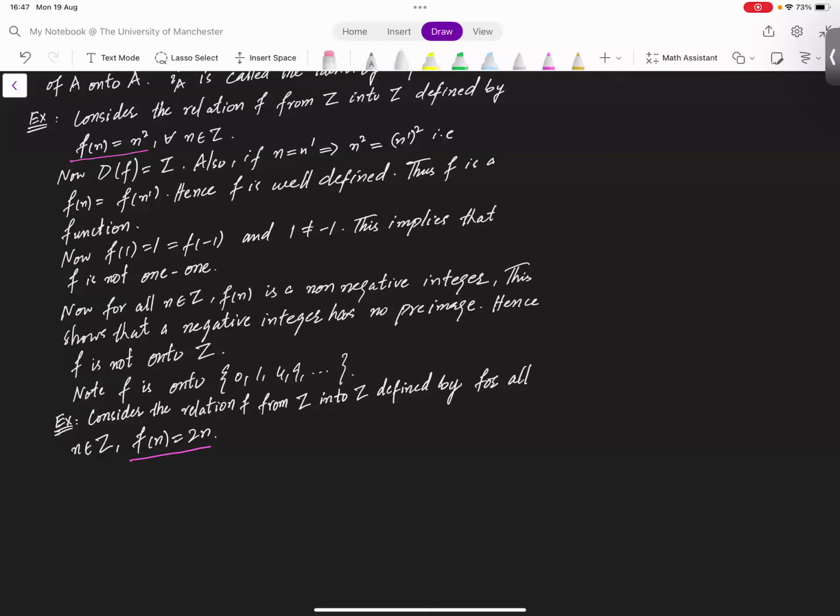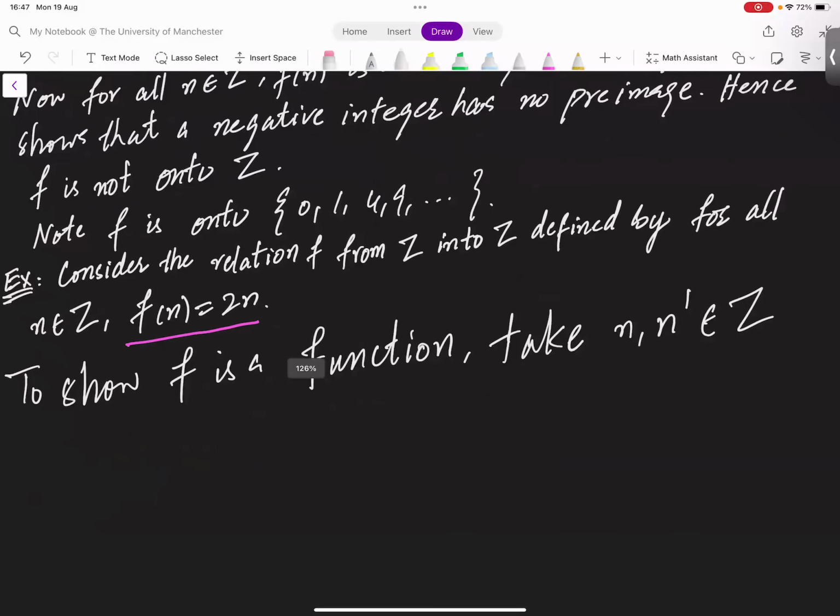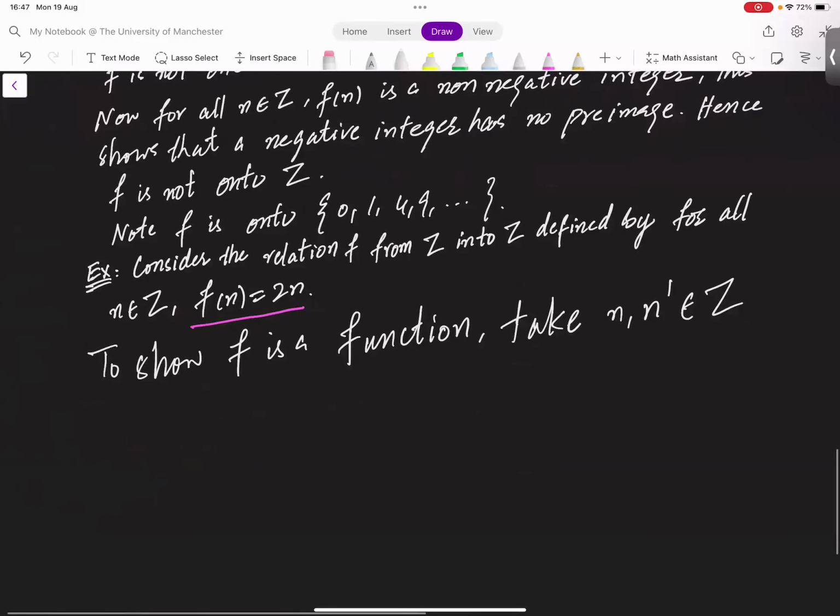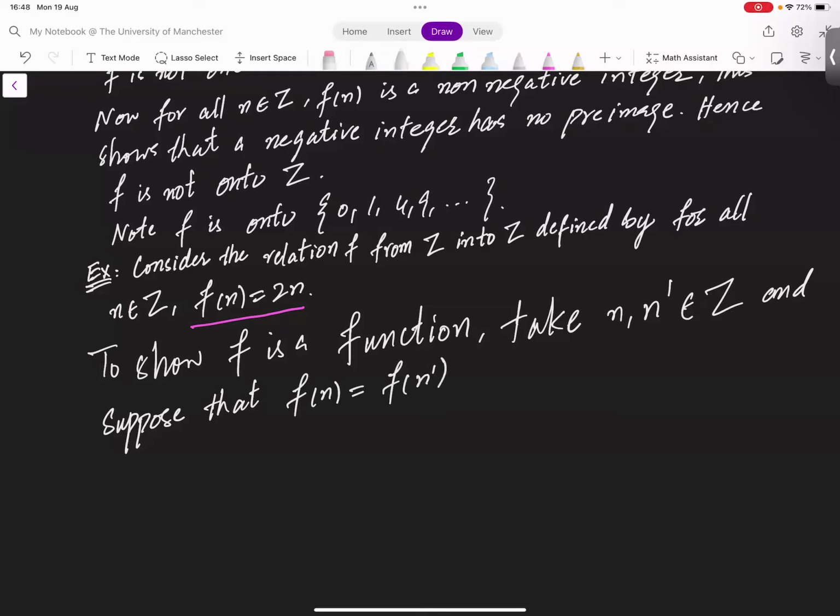To show f is a one-to-one function, take n, n prime in Z, and suppose that f of n is f of n prime.